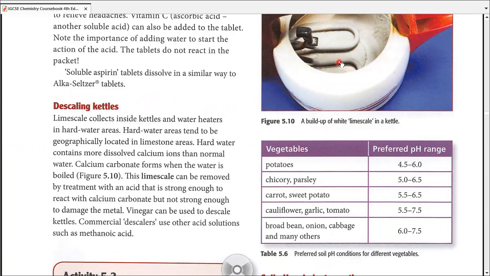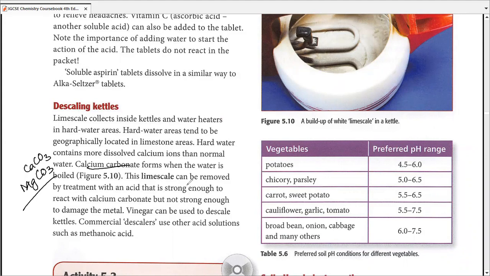Whenever we are boiling water in hard water areas, calcium carbonate, the formula of which is CaCO3, along with magnesium carbonate, can cause these white scales.